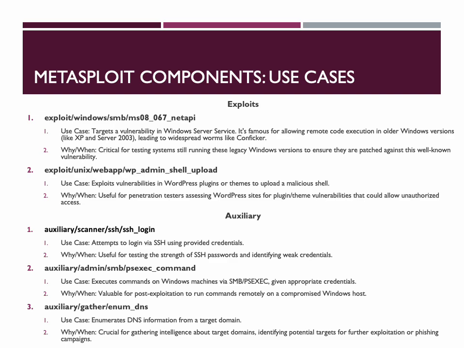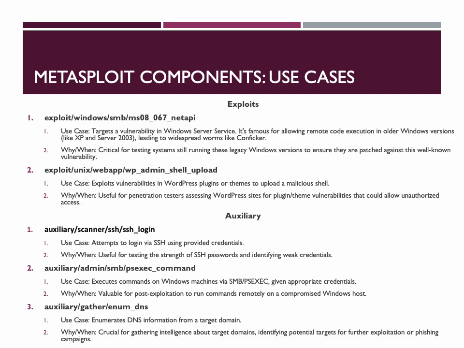So remember with Nmap, if you can figure out what the OS is, and you know that somebody is running an old system, then you know that you could use something like NetAPI as an exploit, and it can lead to widespread worms like Conficker. Why and when? Critical for testing systems still running these legacy Windows versions to ensure they're patched against this well-known vulnerability.